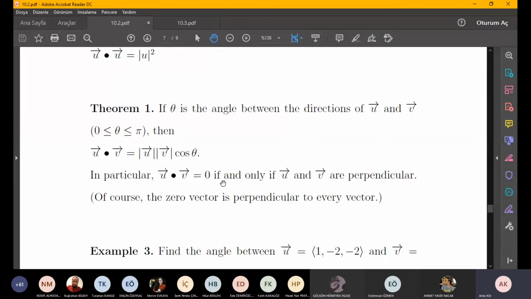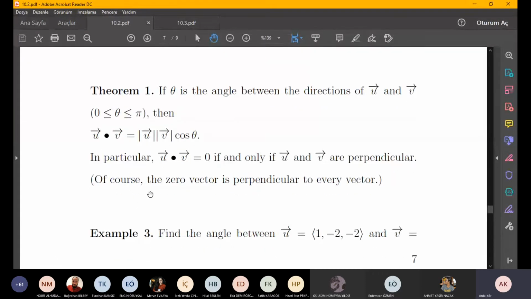That is why we have the if and only if theorem here. And the 0 vector is perpendicular to any vector. That is why the dot product of any vector and the 0 vector has to be 0.